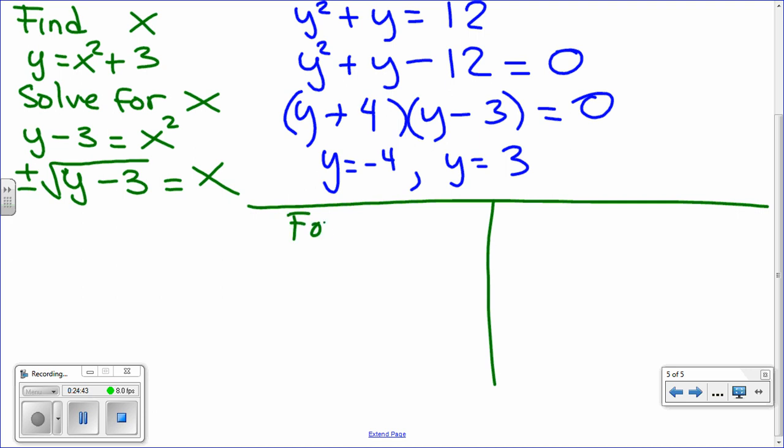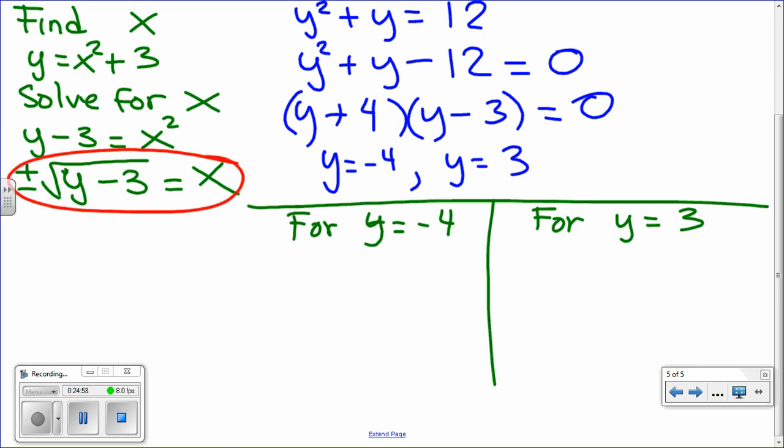So I want you guys to find the x values for y equals negative 4 and also for y equals 3. Remember, this is where you're going to substitute. So we're trying to find x.